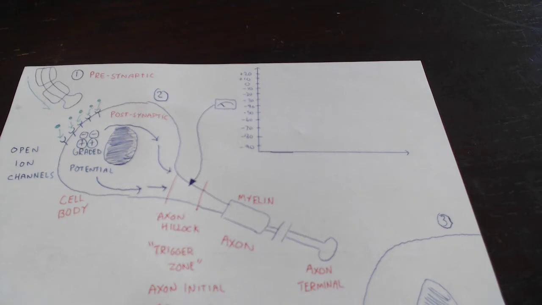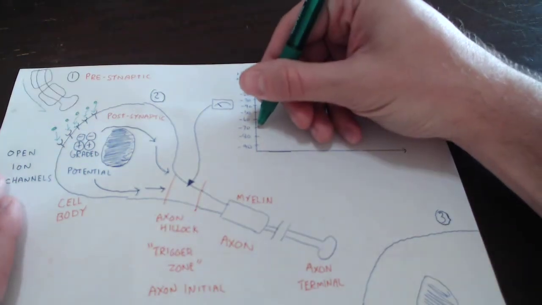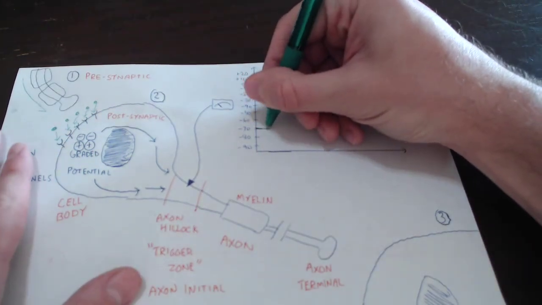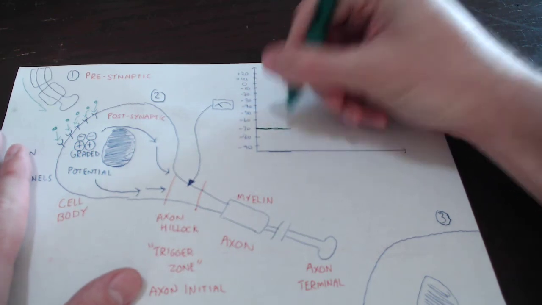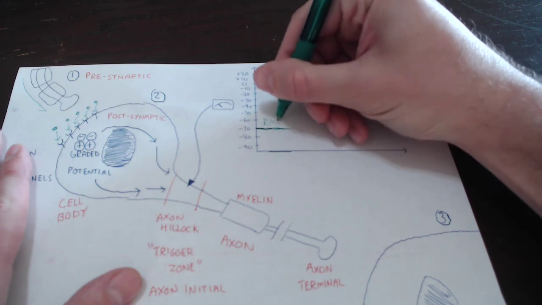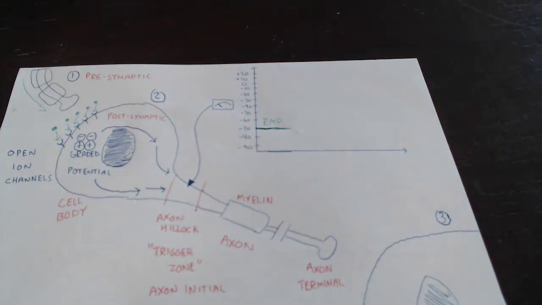We've drilled this over and over again in class. I'm sure you remember what your resting membrane potential is. If we plot it on this graph, it's going to be about negative 70 millivolts. So that is going to be our RMP, our resting membrane potential. When a cell, like a neuron, is at rest, it has a membrane potential of negative 70 millivolts, meaning the inside of the cell is more negative than the outside.